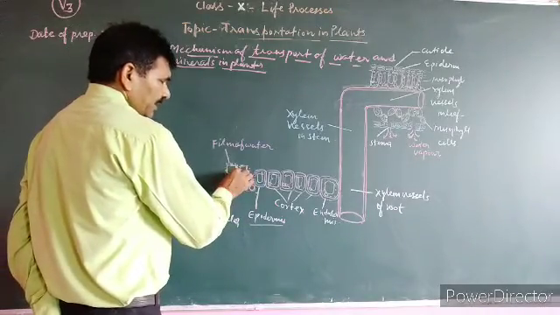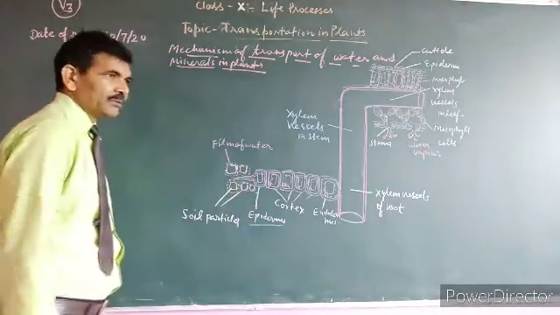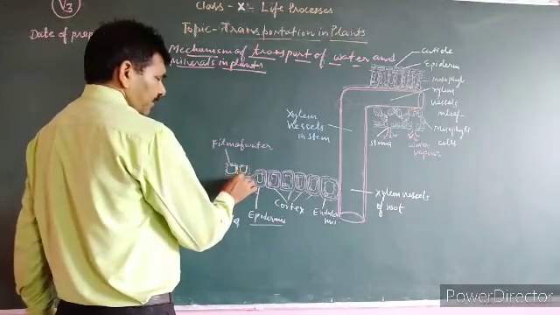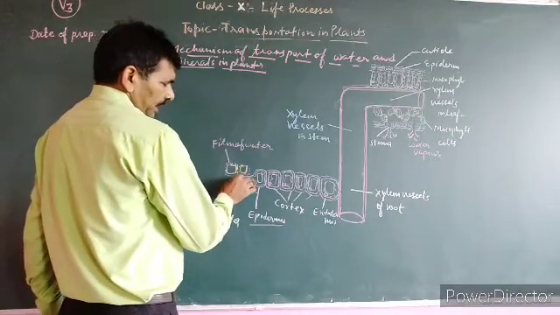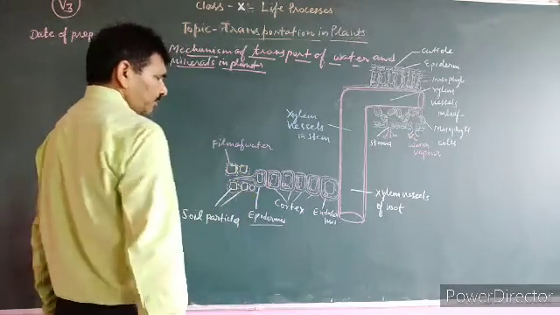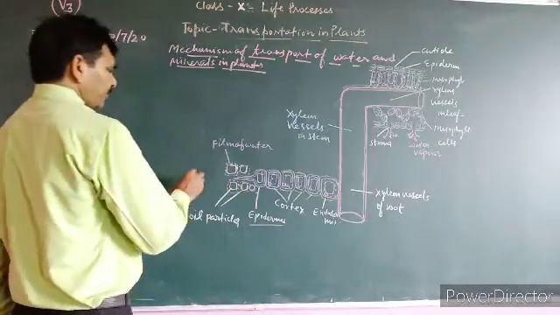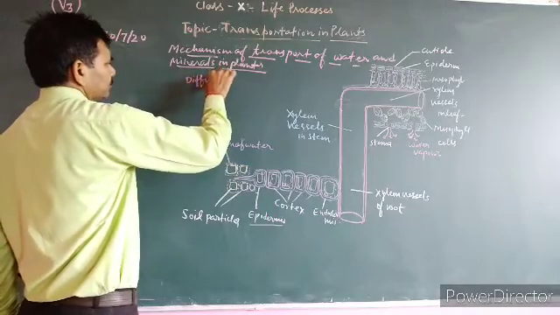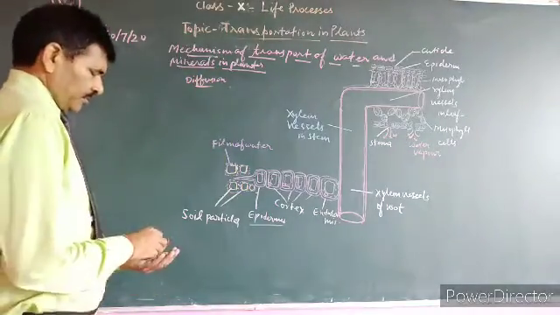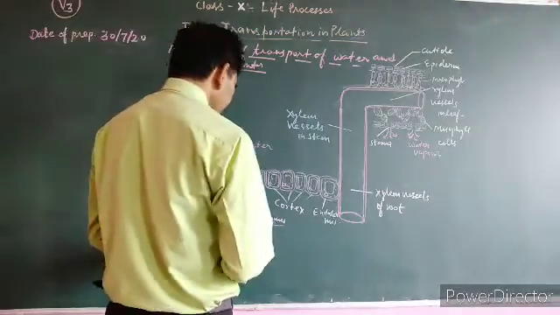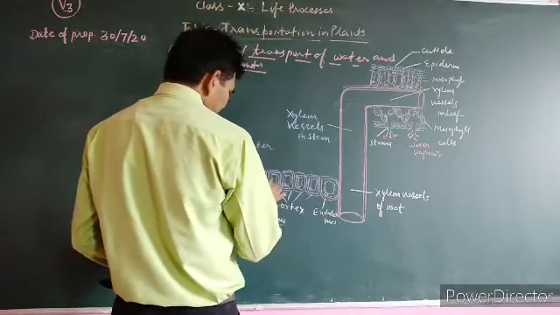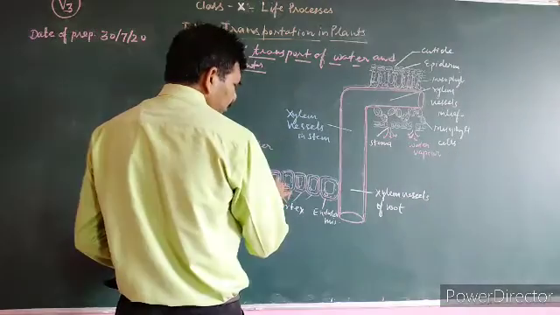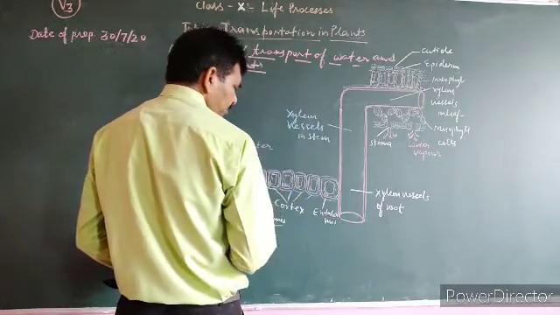So water and dissolved minerals in soil in the form of sap are absorbed by the root hair by the process of diffusion. From epidermal cells, water passes cell to cell in the cortical part of the root.